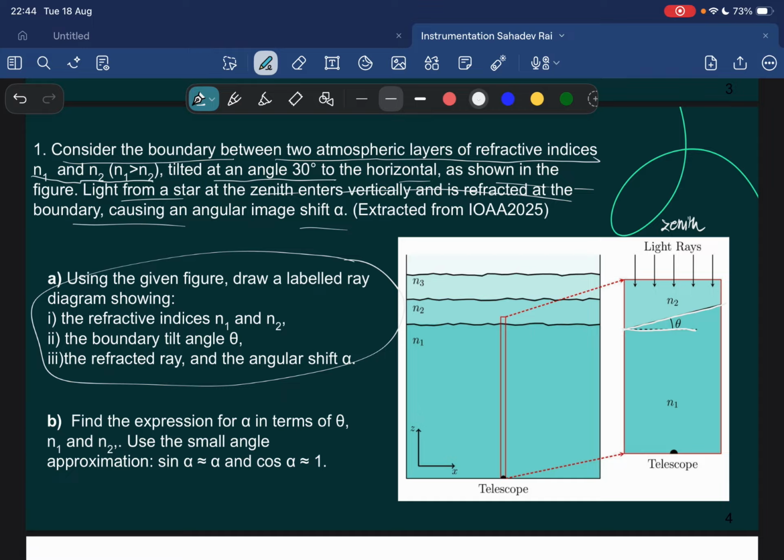Now what we have is the normal. We have a normal, we have theta equals 30 degrees, and we have a rarer medium and a denser medium.